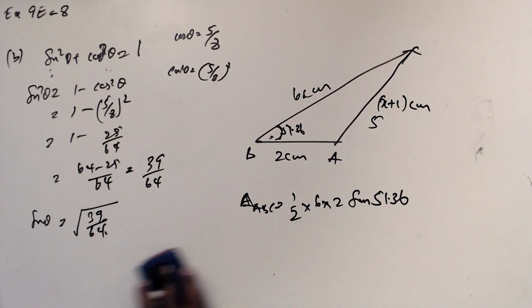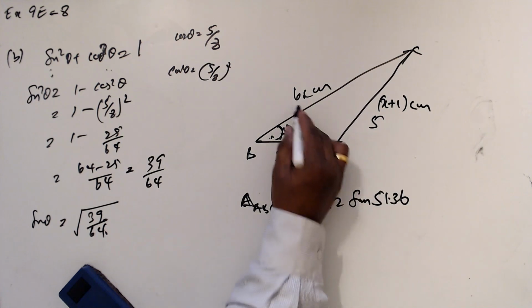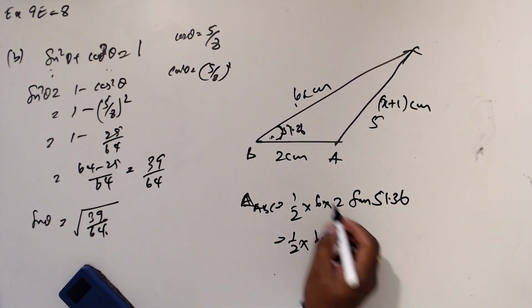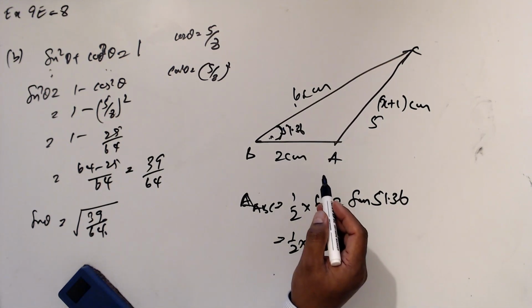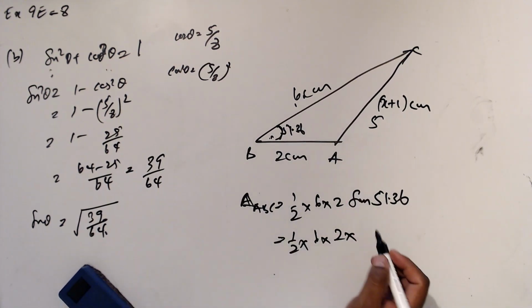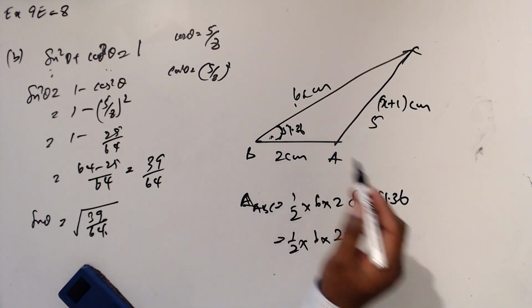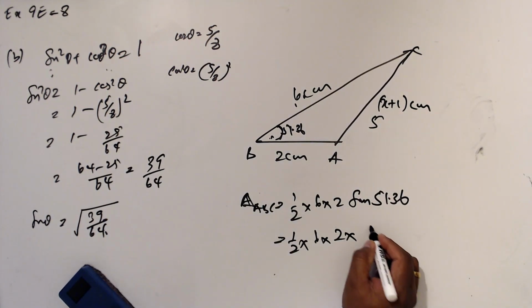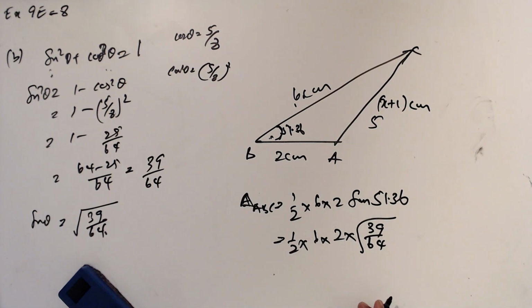Now you can write half a b, a is 6, b is 2, then sine, let's say this is theta, this value is going to be the square root of 39 over 64.